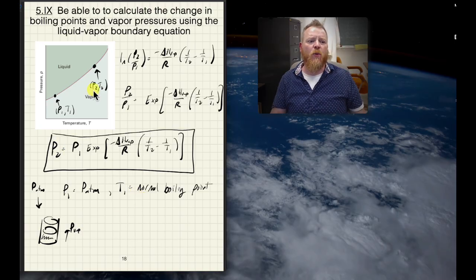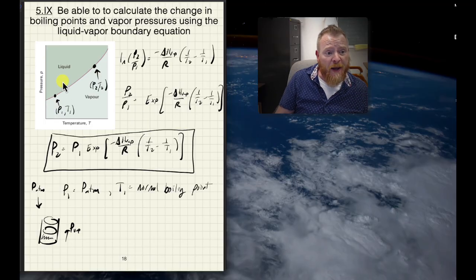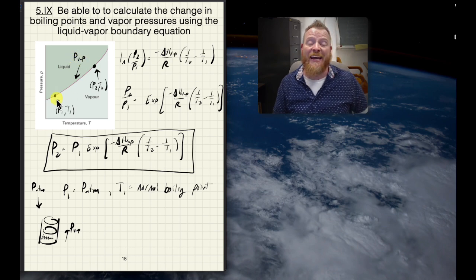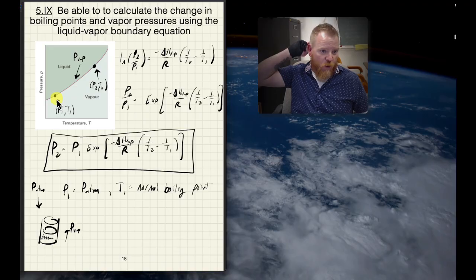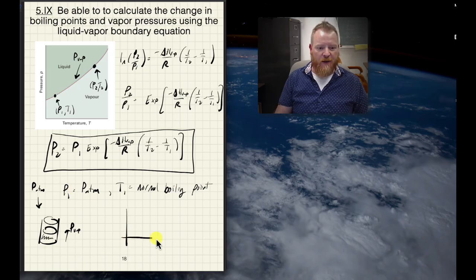So what I'll also point out is not only does this describe our liquid-vapor boundary, but this line right here gives us vapor pressures of our liquid at any temperature. And of course, when that vapor pressure is equal to atmospheric pressure, the liquid is boiling. So if I look at this on a graph, I'll just draw separately right here. Here would be my vapor pressures and here would be my temperatures.